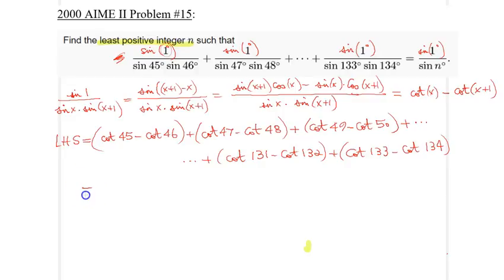Okay, so after reorganizing in the following fashion, let's keep cotangent of 45 by itself. Then I have minus cotangent 46, and I will pair it up with cotangent of 134. Both of them have a minus sign in front, so I would get minus, cotangent of 46 plus cotangent of 134.